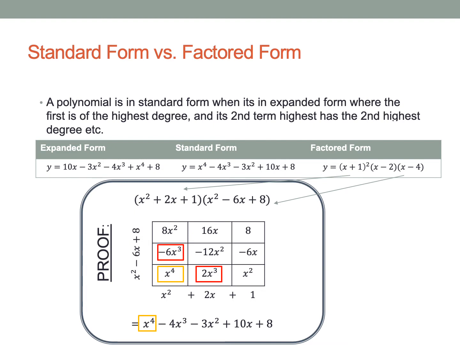These are the two that have x cubed, so negative 6x cubed plus 2x cubed is negative 4x cubed. And then these are the ones that have x squared, so 8x squared minus 12x squared plus x squared is negative 3x squared. These are the ones of degree 1, 16x minus 6x, that's 10x, and then lastly 8.